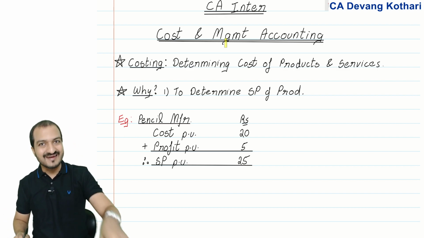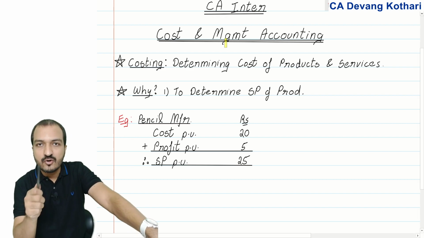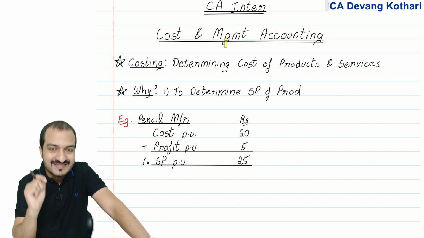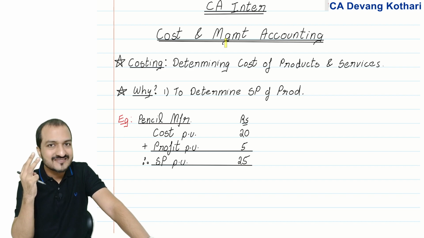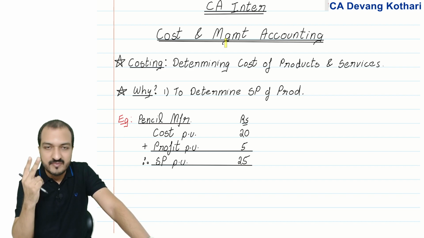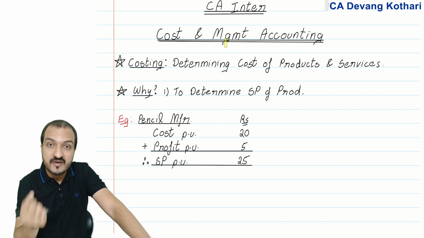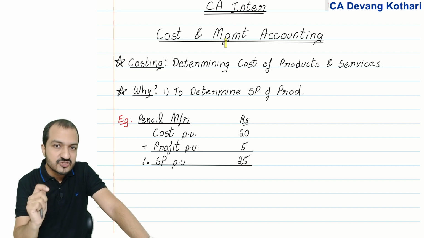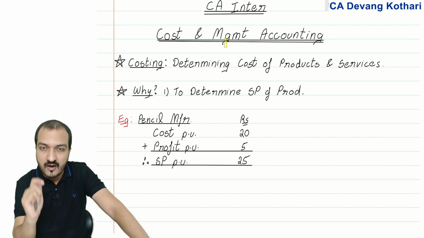So I presume that almost every one of you sitting here must have been learning accounting for at least the last 3 years. Correct or not? Maybe 11th standard, 12th standard, even CPT foundation, and then now intermediate.